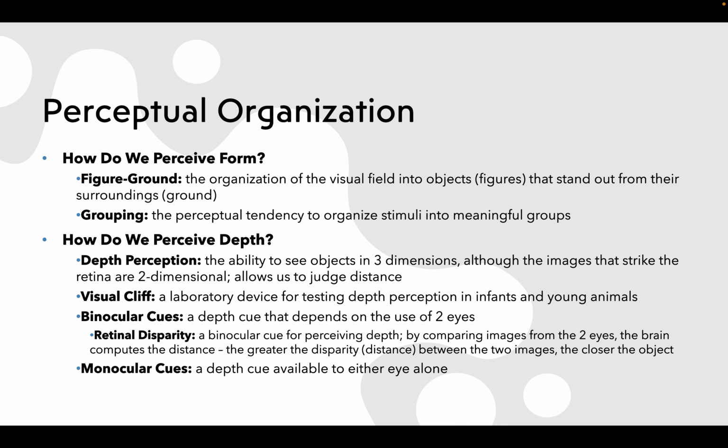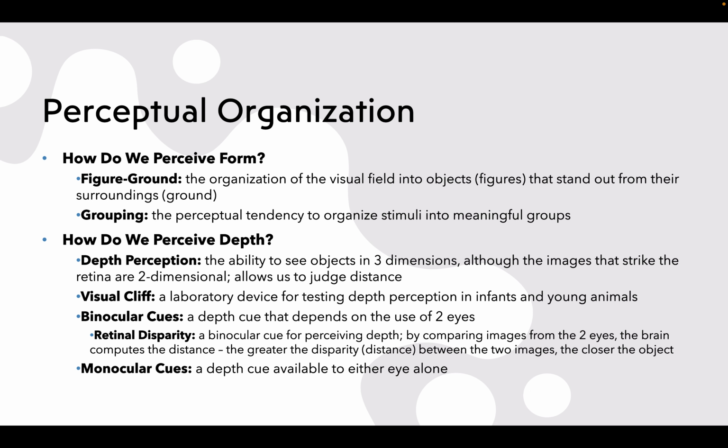So the next question is, how do we perceive depth? Depth perception is the ability to see objects in 3 dimensions, although the images that strike our retina are 2-dimensional, and this is what allows us to judge distance. When scientists first started looking at depth perception, they used the visual cliff. The visual cliff is a laboratory device for testing depth perception in infants and young animals.